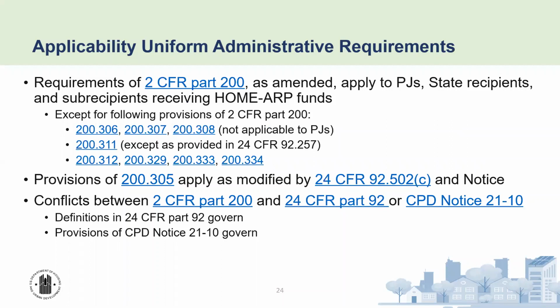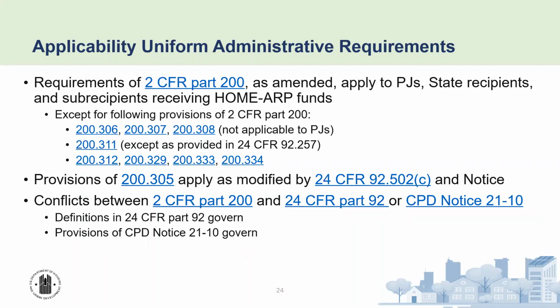The requirements of 2 CFR Part 200 as amended apply to all PJs, state recipients, and subrecipients receiving HOME-ARP funds. Please refer to the HOME-ARP notice for provisions that are not applicable. I do want to point out, if there is a conflict between definitions in 2 CFR Part 200 and 24 CFR Part 92, the definitions in 24 CFR Part 92 govern.